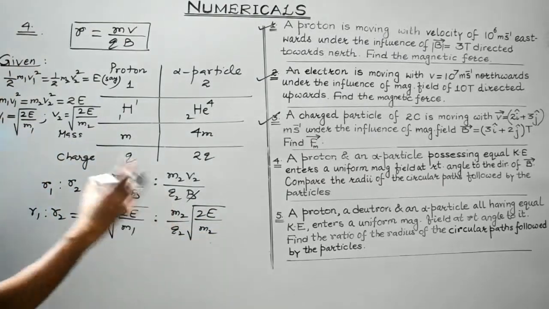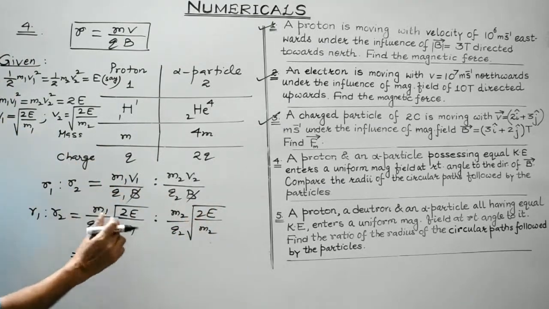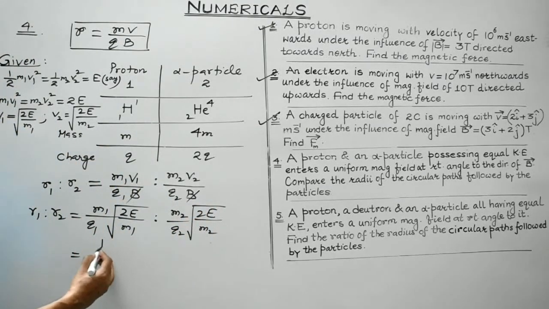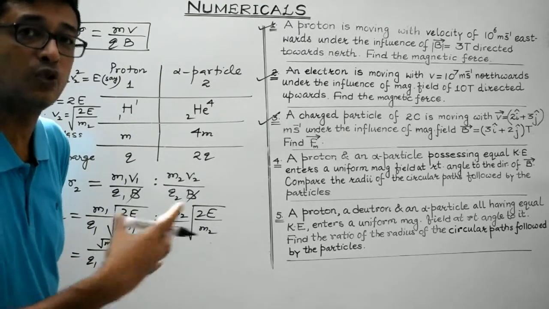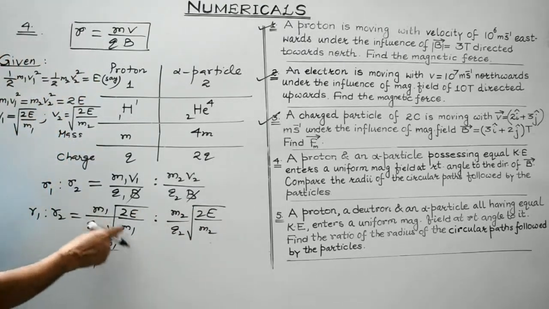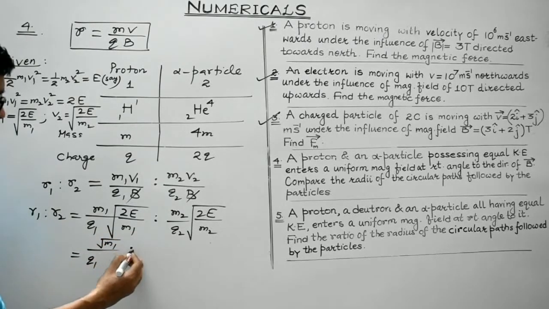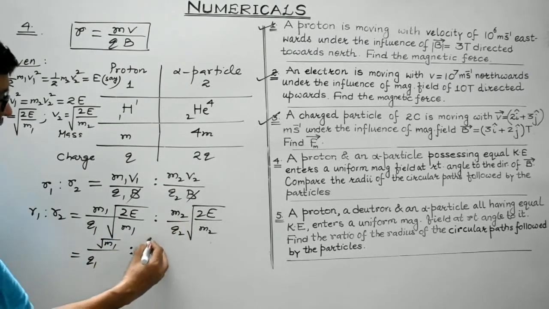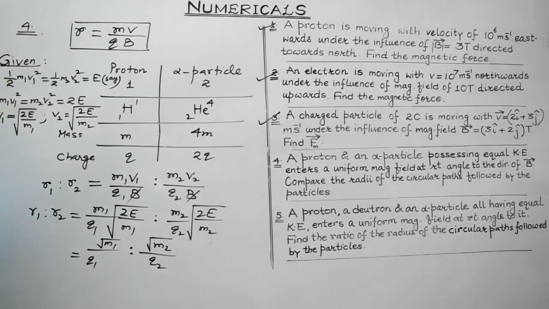Let's simplify. Root 2E gets cancelled out. So this can be written as 1 by q1 and m1 over square root of m1. Now m1 can be written as root m1 multiplied by root m1. One root m1 gets cancelled, so we are left with root m1 in the numerator. Similarly, over here we are left with only the square root of m2 divided by q2.